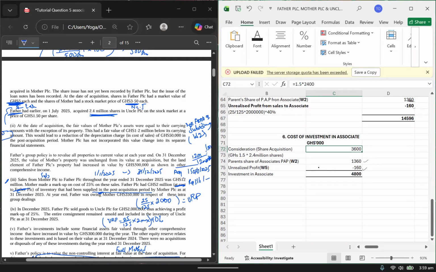But because we don't do that, it ends here. So we subtract, then we get 4,800. This investment in associates will go to the statement of financial position as a line item on its own.